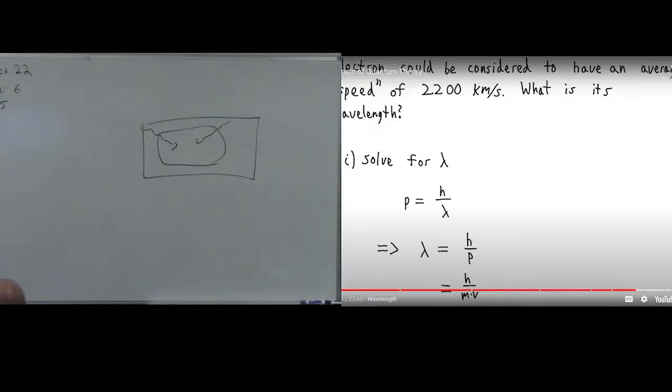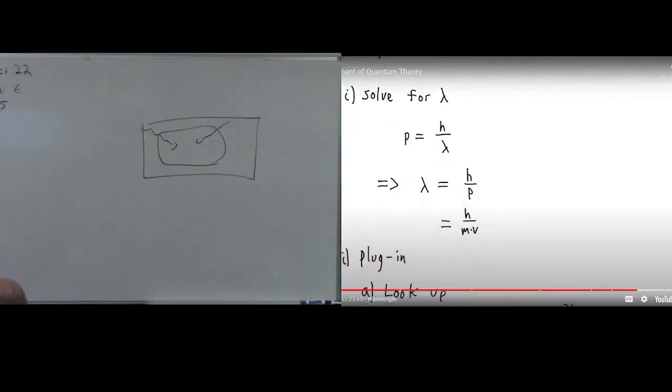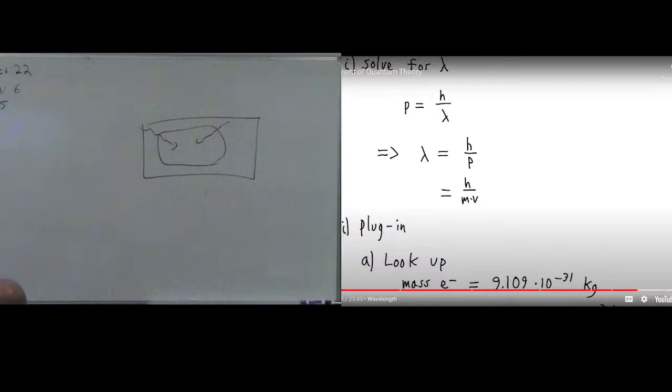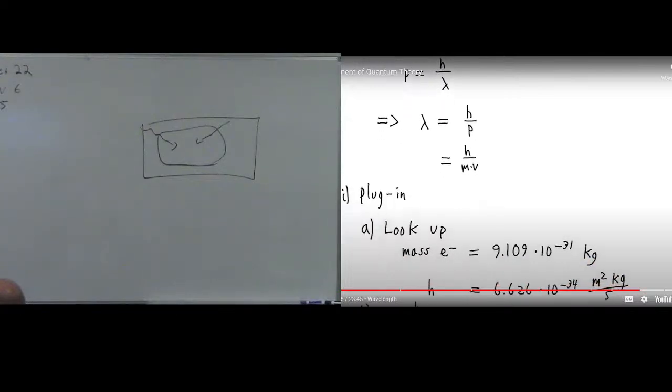We can look at the mass of the electron and we are already given its velocity. So now it's just a matter of plugging in the mass of an electron. We look it up. It's 9.109 times 10 to the negative 31 kilograms when it's at rest. And Planck's constant, 6.626 times 10 to the negative 34.